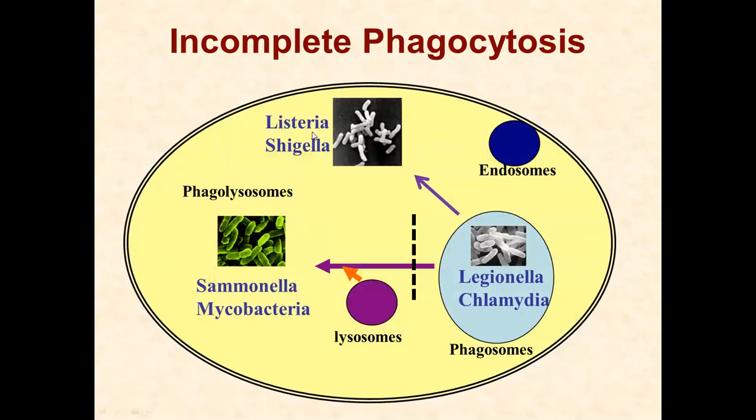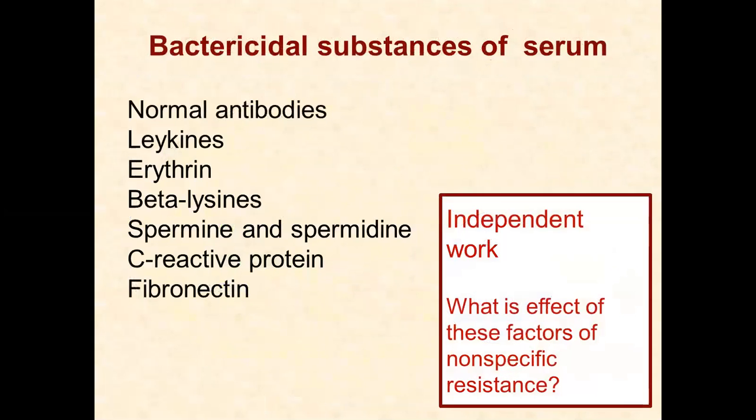Do you see that many bacteria can survive inside a phagocytic cell, multiplying in it, and we see that these bacteria possess antiphagocytic and aggressive properties. Phagocytosis is a cellular defense component of non-specific resistance, and some humoral factors are also present in our body.